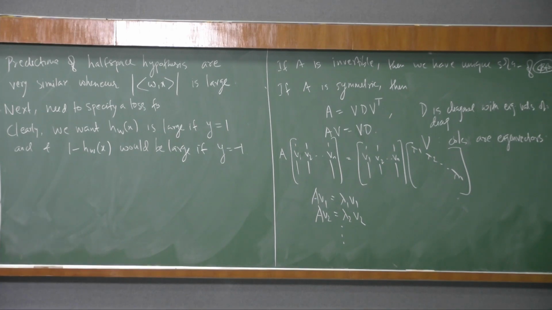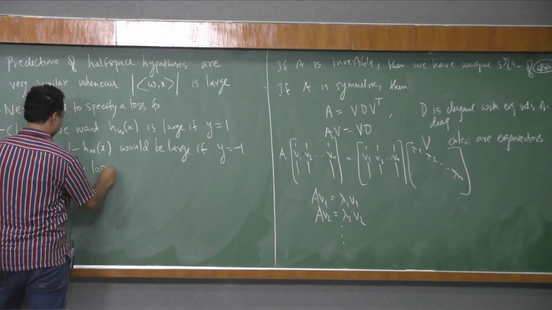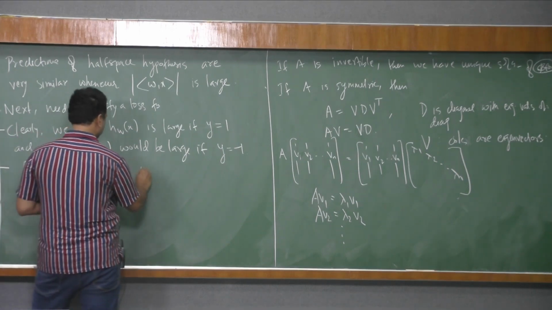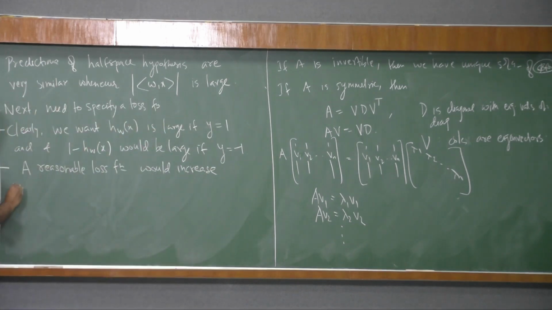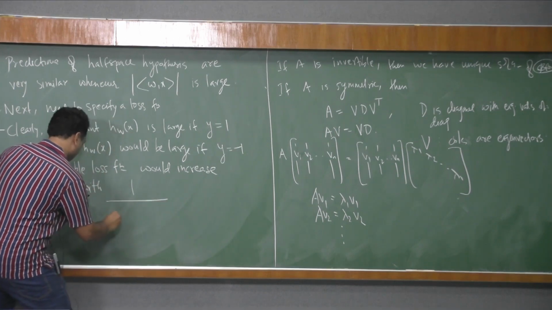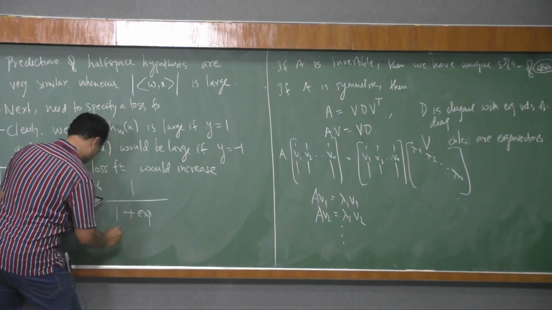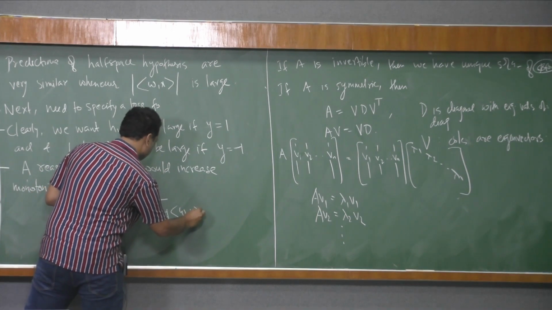From this idea, what we believe is that a reasonable loss function would increase monotonically with 1 divided by 1 plus exp of y w transpose x.